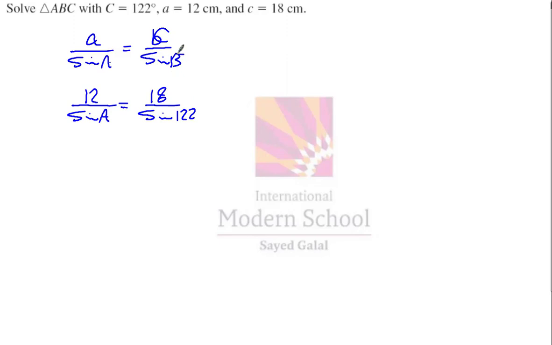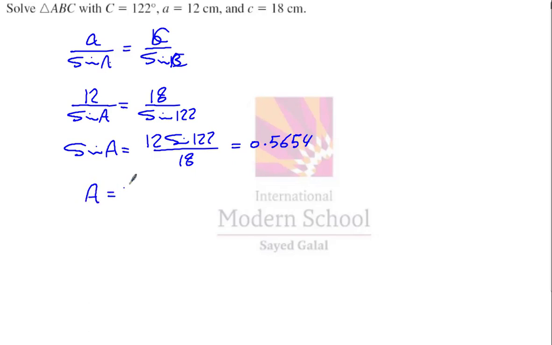Then sine A equals 12 sine 122 over 18. By using the calculator, it equals 0.5654. Shift sine, then the measure of angle A equals 34.4.